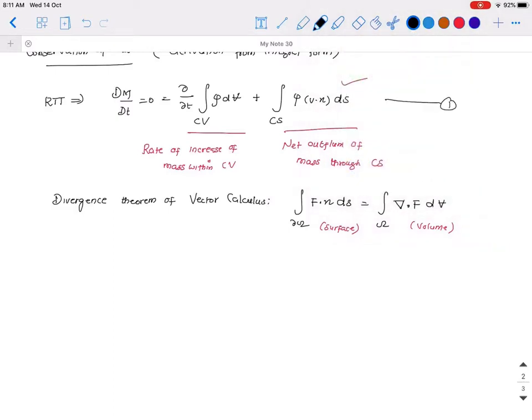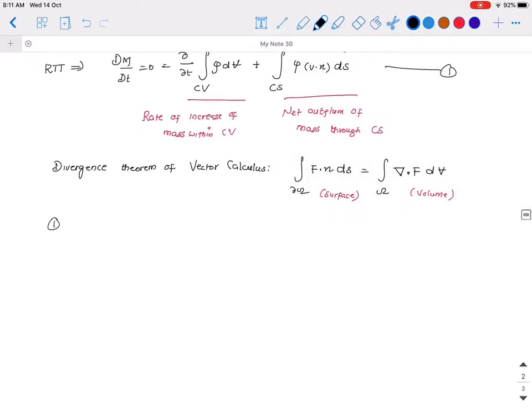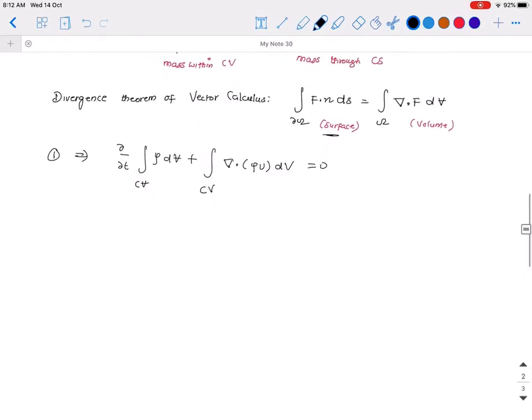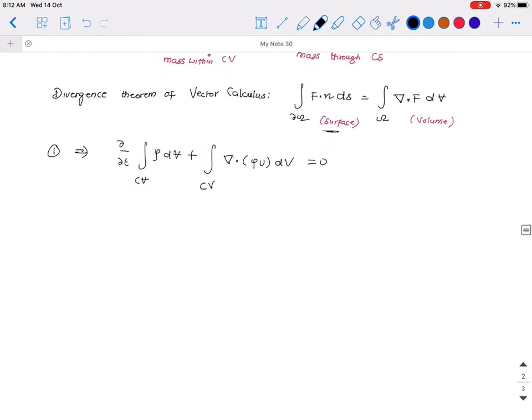Let's say this is equation 1. After applying the divergence theorem, the first term remains, the integral of rho dV, plus, where we had the control surface, now it will become control volume. Rho u dot n becomes del dot rho u dV, equals 0. Now we do some simple modifications. Both are integrals over the control volume.